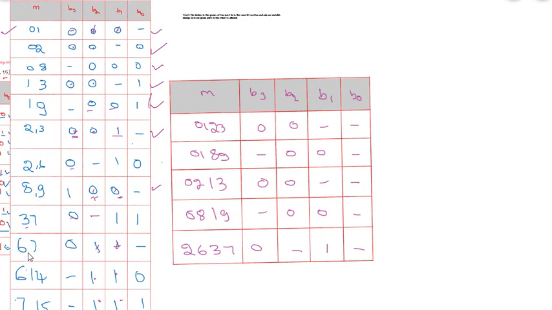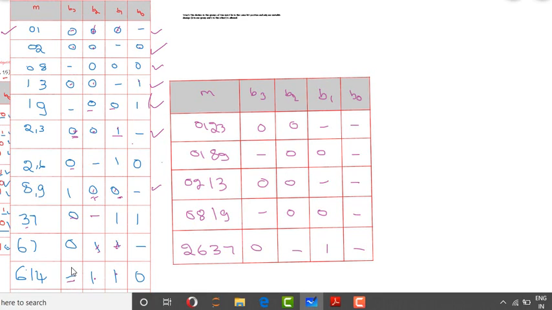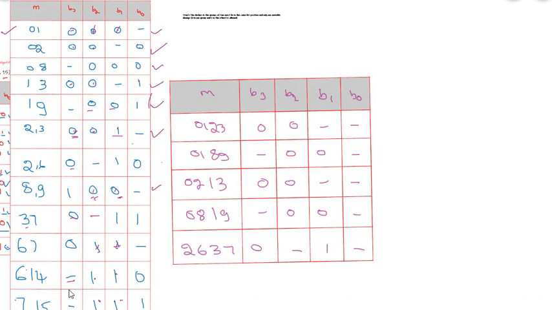Now go with the 6 7. 6 7 last bit is dash, but nowhere in the downside is the last bit 0 dash. So we will leave the 6 7. Now go with the 6 14, the first bit dash. So first bit dash here 6 14 and 7 15 also possible. In 6 14 and 7 15, the first bit B3 is dash in both, and then only the B0 position changes.